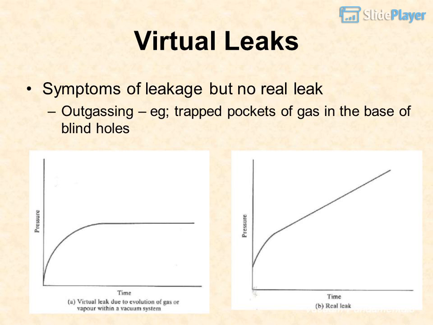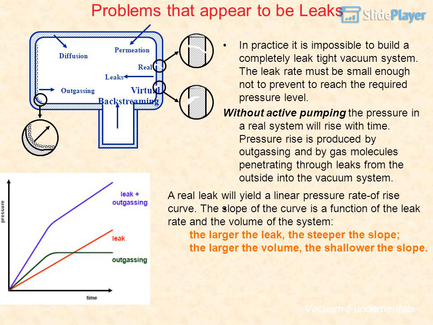Virtual leaks show symptoms of leakage but there is no real leak. Outgassing, for example trapped pockets of gas in the base of blind holes, causes problems that appear to be leaks. Sources of gas include outgassing, leaks (virtual and real), backstreaming, diffusion, and permeation.